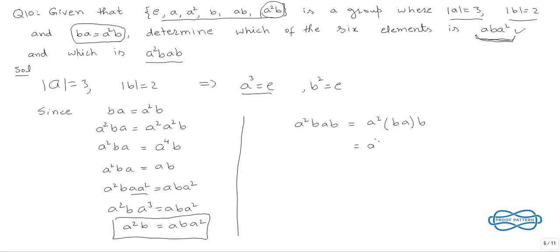So instead of this b a, we can write a square b into b, and that is a to the power 4, or we can first remove these brackets, and now we can write it a to the power 4 and b square, and we know that b square is identity and a cube is identity, so this will be a cube b square, which is equal to a into identity, and that will be a.